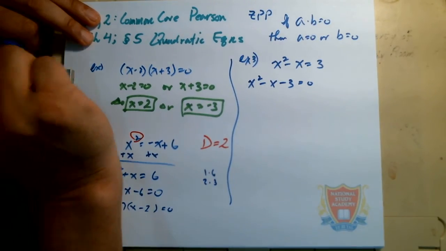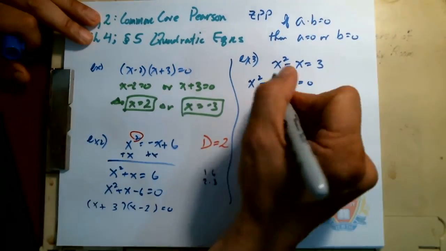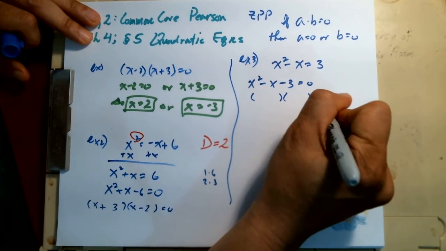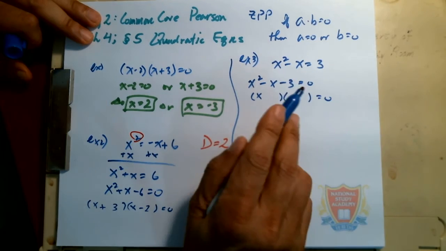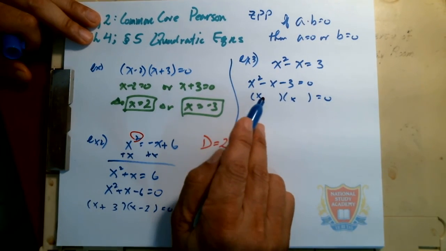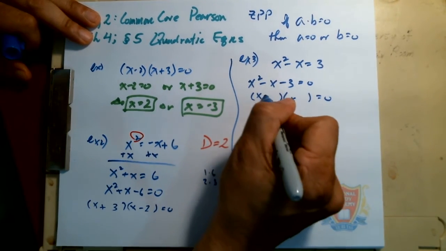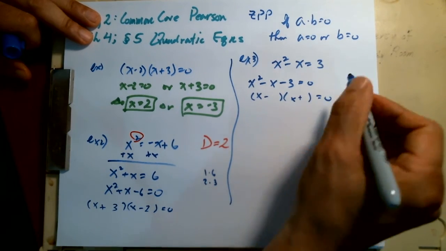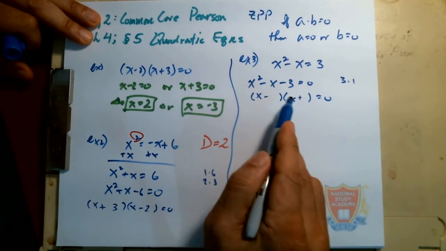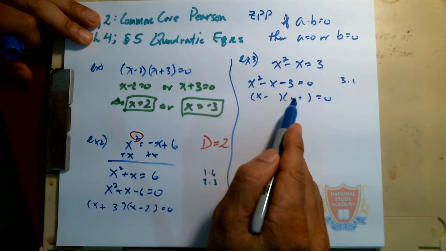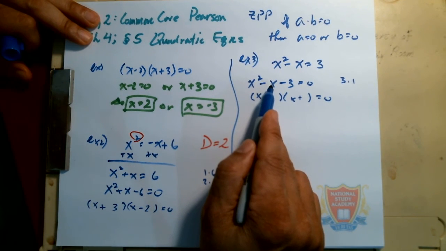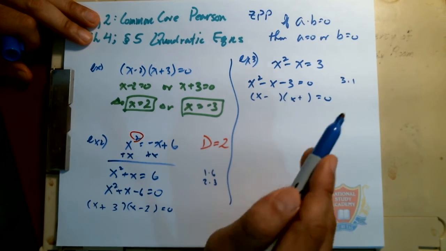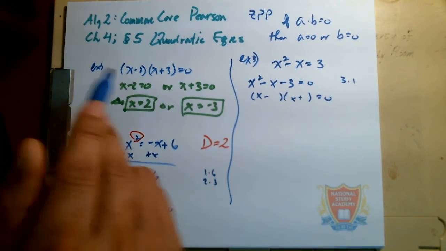There it is. Can we factor that? Let's try it. x and x. This minus tells you that one's minus, one's plus. Factors of 3 are 3 and 1. Ooh, nothing there. If you put the 3 and the 1, this has to be like a 2x. It's not. So not factorable, unfortunately.